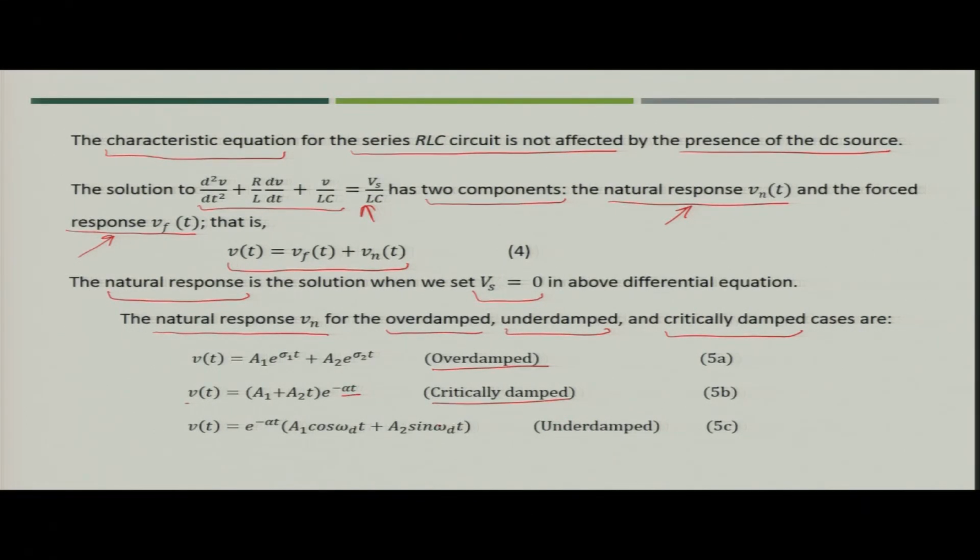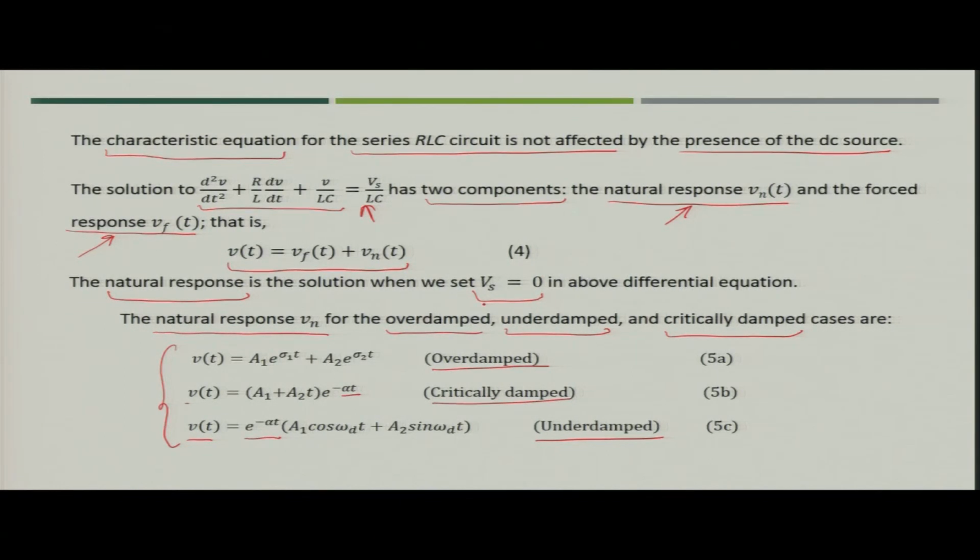And in the underdamped case, the voltage at time t would be e to the power minus alpha t into (A1 cos omega_d t plus A2 sin omega_d t). So, these three equations are the same equations which we got when we were analyzing the series RLC circuit without any external source applied.